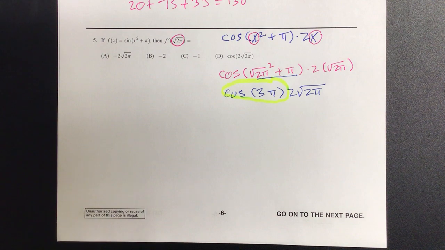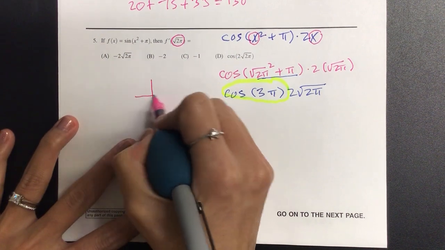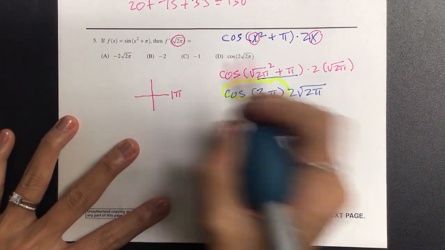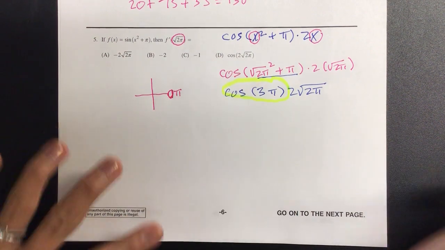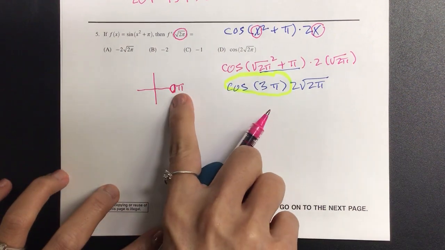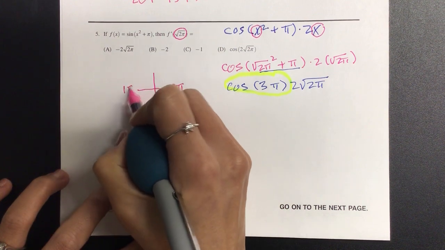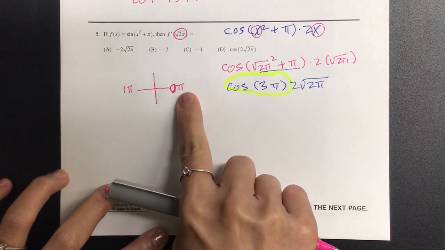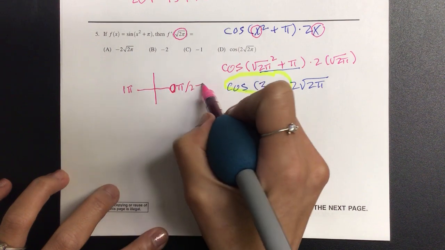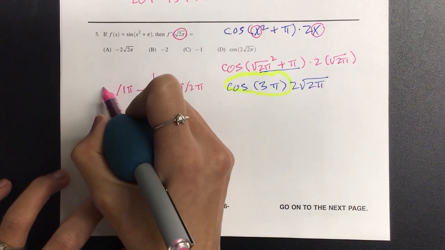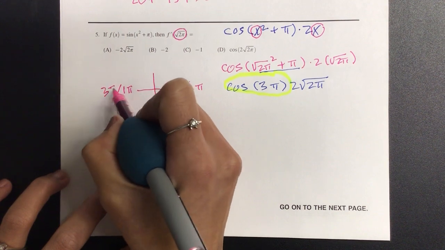So let's recall where 3 pi is. If this is 0 pi, this is 1 pi. What is this back again over here? 0, 1, 2 pi. So that means this over here is going to go back to our coterminal, 3 pi.